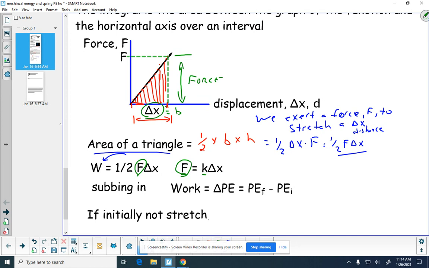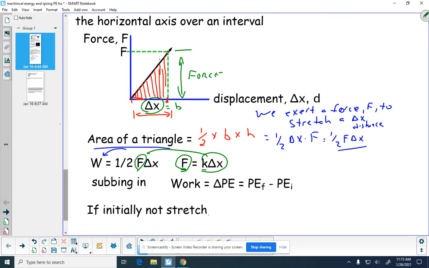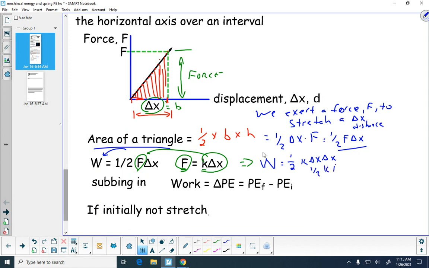So making this substitution into here, we're left with work is equal to 1/2 K, and then we have delta x, or 1/2 K delta x squared.